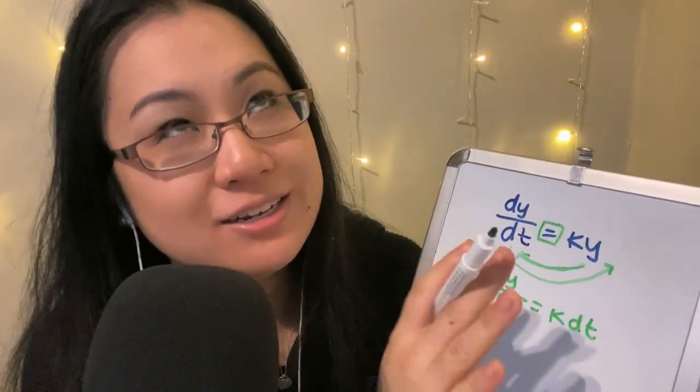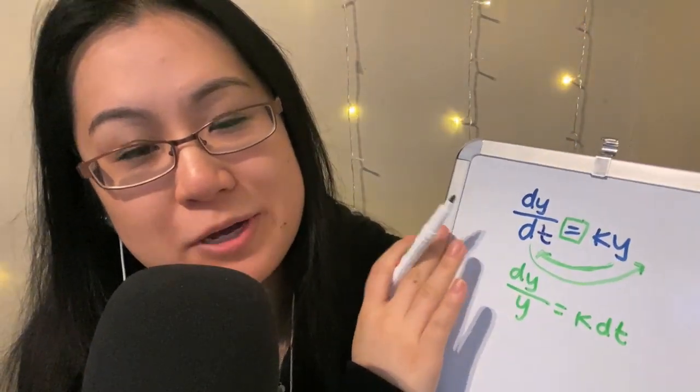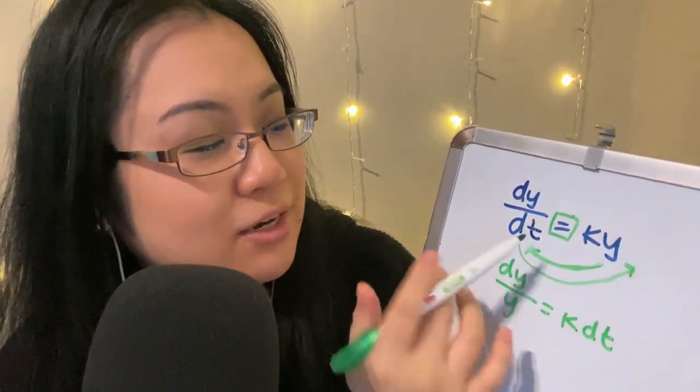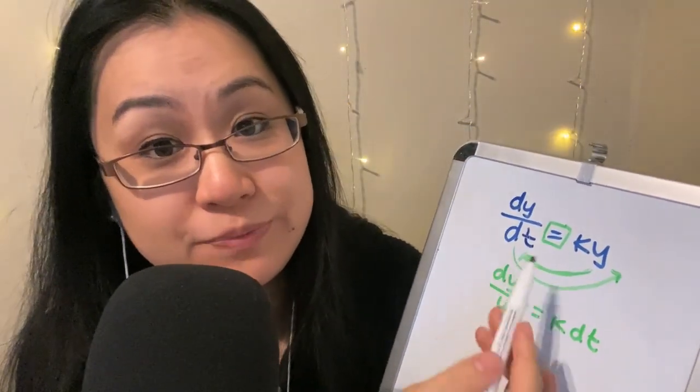Technically, when we find the derivative, we are talking about a limit, and dt is not an actual value.